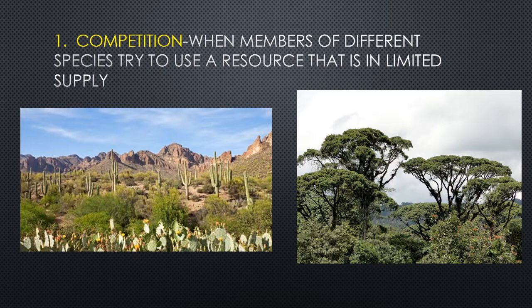It's almost never just one resource that species are competing for. They tend to compete for a variety of resources. And note that these items have to be in limited supply. If there was an unlimited amount, then there's no reason to compete. So competition demands that these resources are in limited supply.